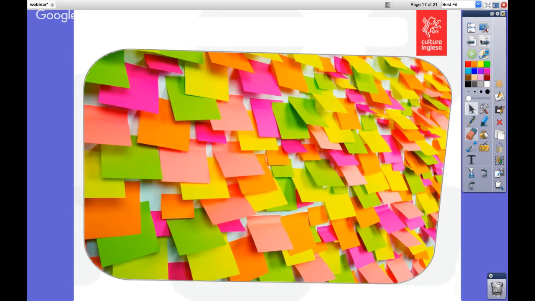So, coming back to the questions you asked before the beginning of the presentation, do we have questions, Edu? Here, Juliana Vernaga asked if we could apply Bloom's taxonomy theory with lower levels. Yes, as I mentioned before, it doesn't matter the level.